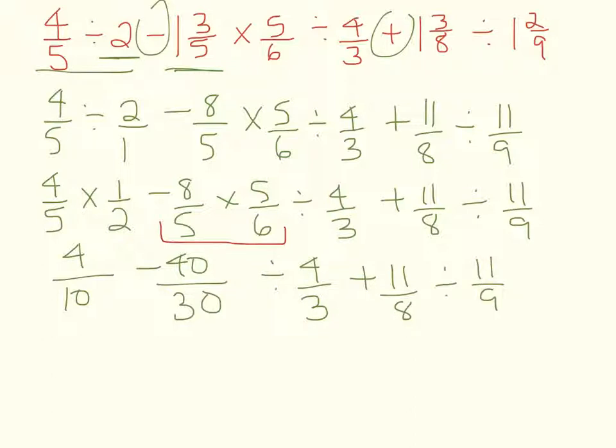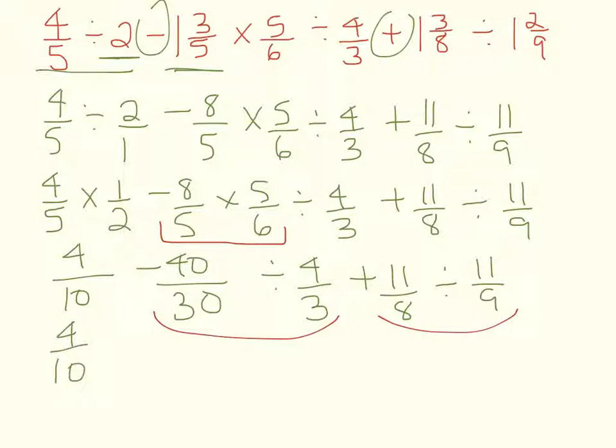Okay, so now I have 4/10 subtracting 40/30, but I still have division going on. So I still need to get that division happening before I even worry about subtracting that 4/10. So that 4/10 is still going to kick around for a little bit.